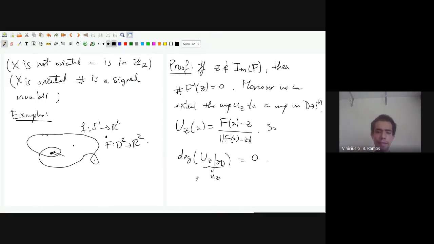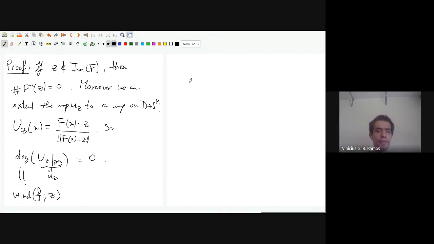And this, by definition, is the winding number of F relative to z. Okay, so now let's suppose that this is not empty. Because the domain is compact, the pre-image is going to be a finite set of points.